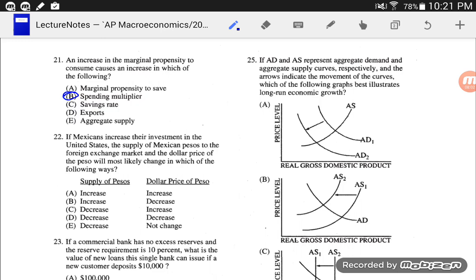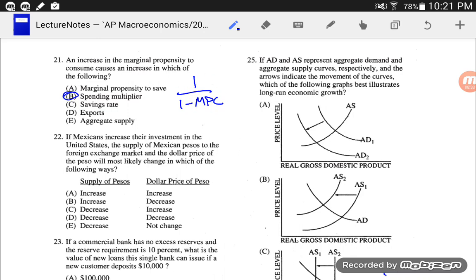If there's an increase in government spending, then that turns into income, and we spend a portion of that, and so it gets that multiplier. Well, if we spend a larger portion of the money that came in, that's going to increase the spending multiplier, because the spending multiplier is simply 1 over 1 minus the MPC. So the bigger this number gets, the smaller this denominator gets, and the larger this whole thing gets.